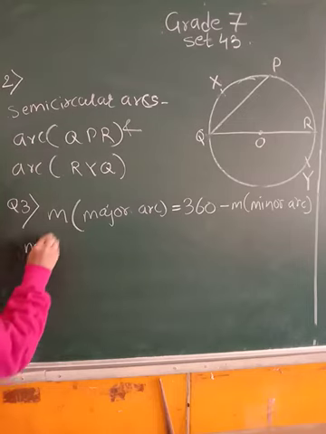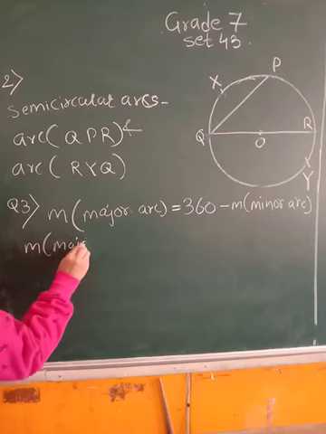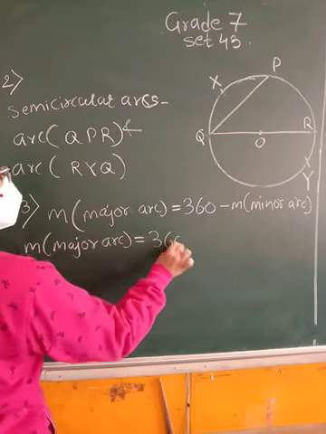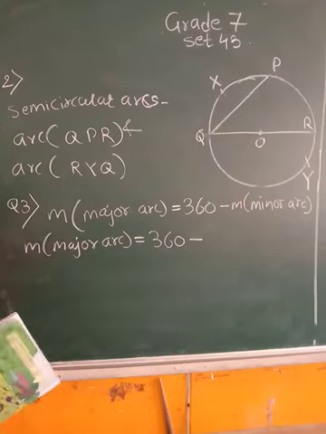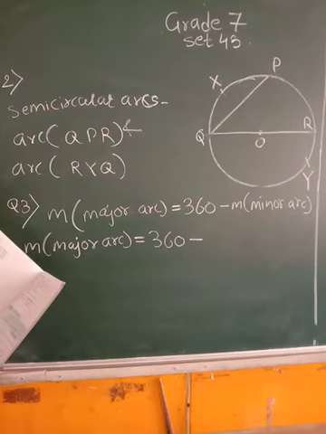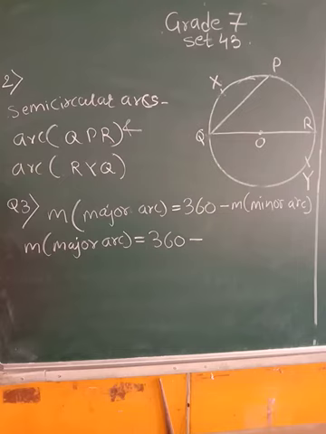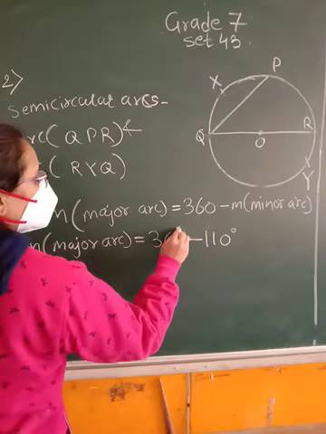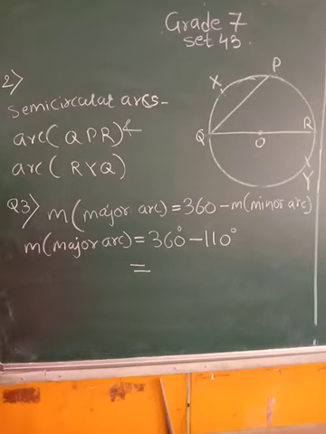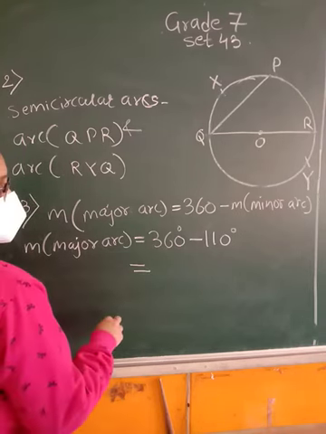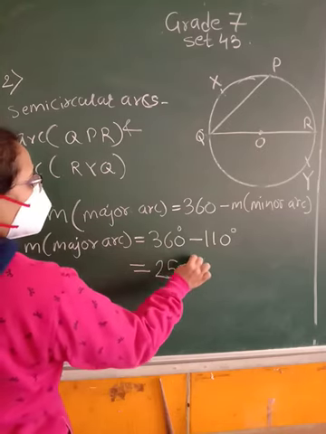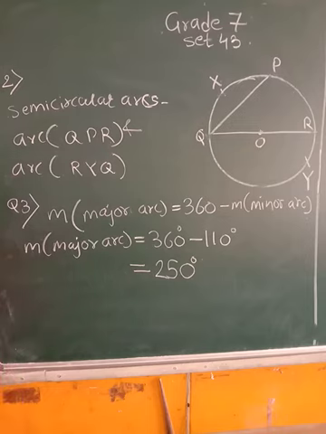So measure of major arc is equal to 360 minus the minor arc, 110 degrees. So 360 degrees minus 110, how much do you get? 250 degrees is the measure of the major arc.